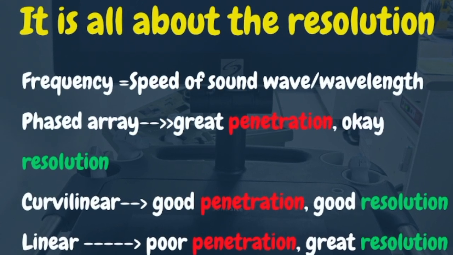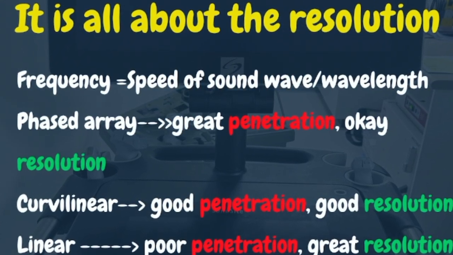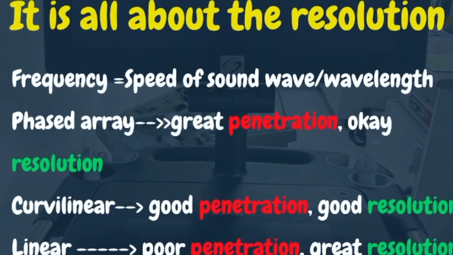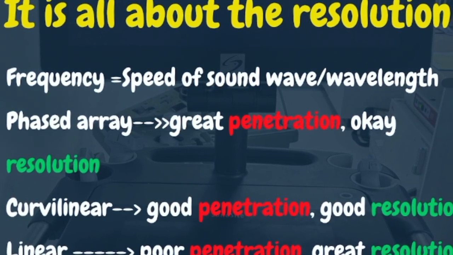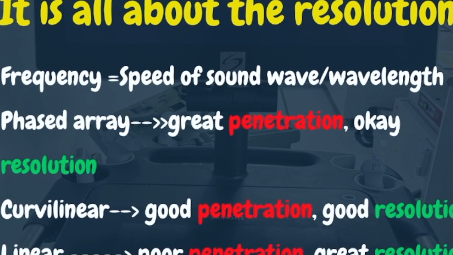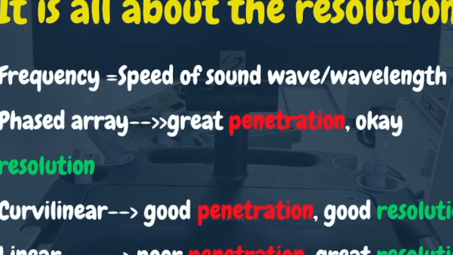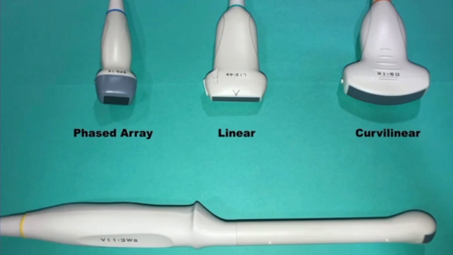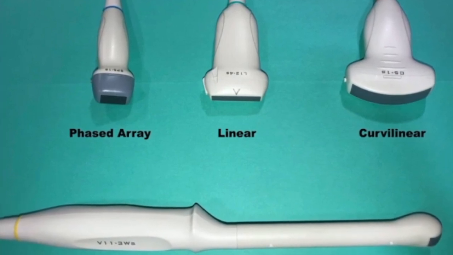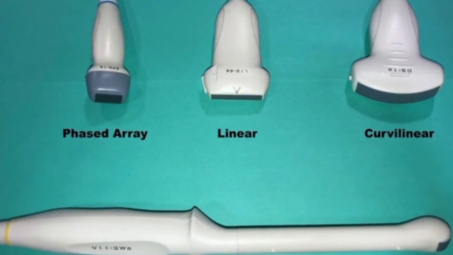Moving forward, now you can tell exactly which probe to use. We have different types of probes. We have the phased array, sometimes called the echo probe.